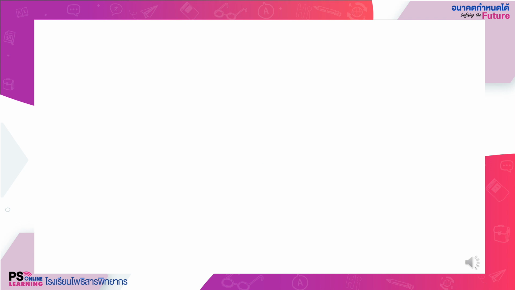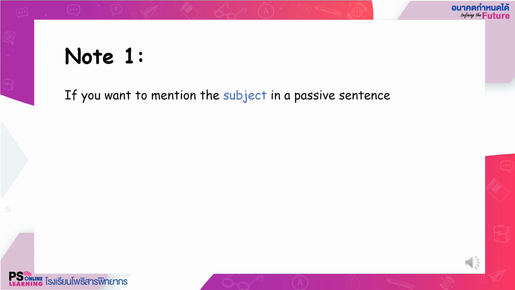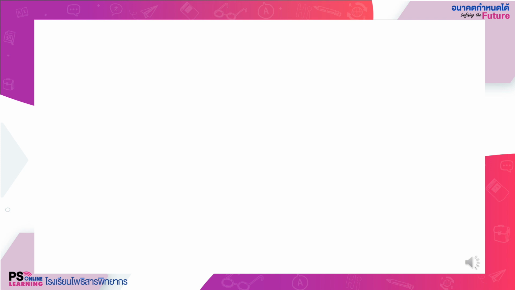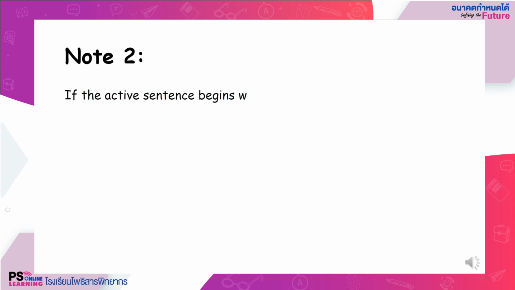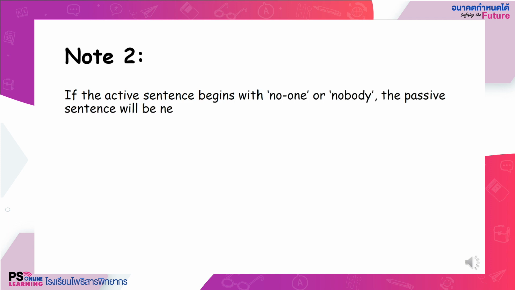Let's take a look at some notes about this structure. Note 1. If you want to mention the name of the subject in a passive sentence, use the phrase by with the name. For example, my room is being painted by the decorator. Note 2. If the active sentence begins with no one or nobody, the passive sentence will be negative.